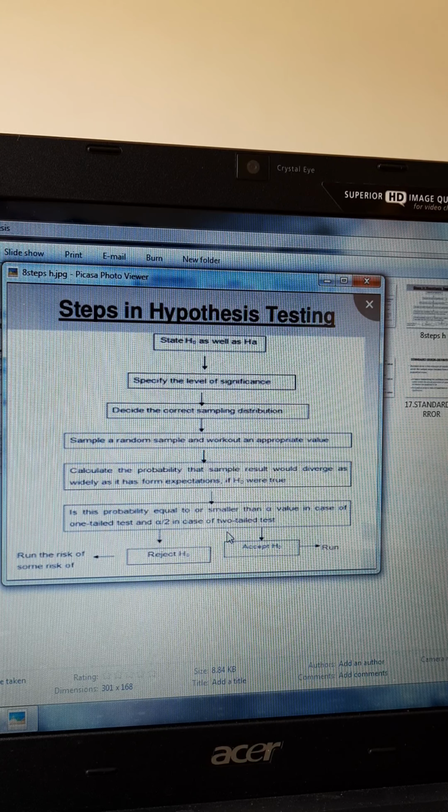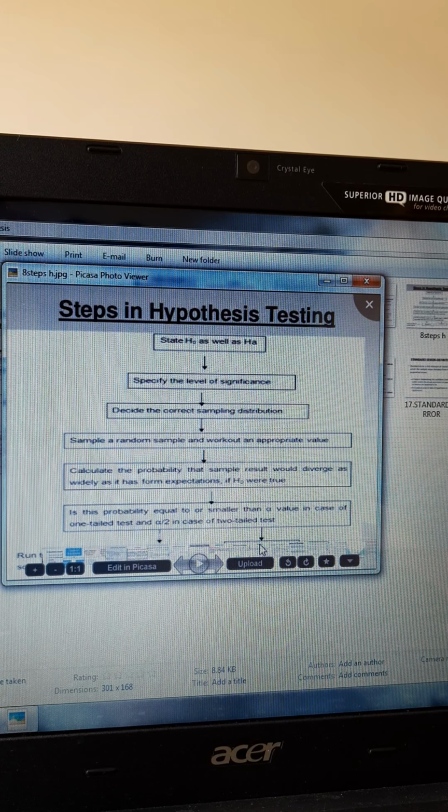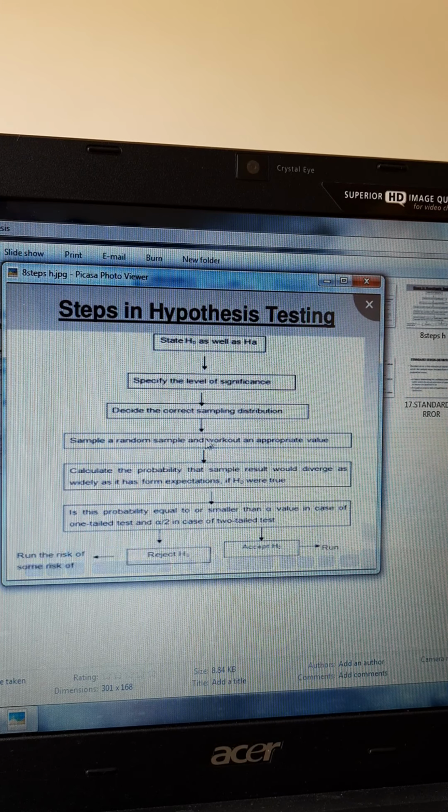Based on the distribution and based on your questions, we have parametric and non-parametric tests.